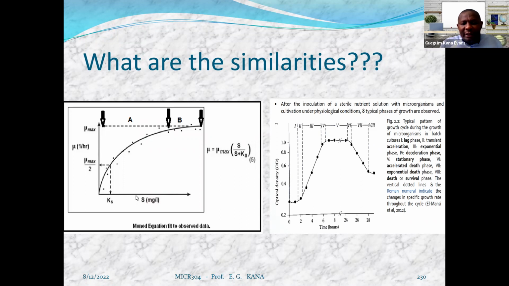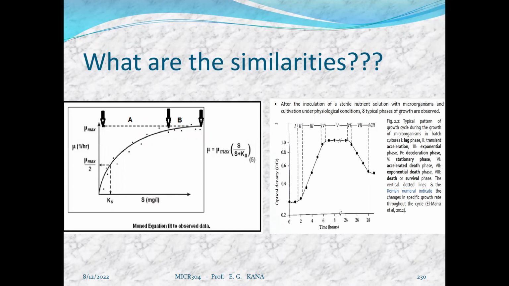The idea here is if you compare that on this axis, I'm referring to the x-axis, we have substrate concentration. And by definition, the deceleration phase is a phase whereby cells are facing nutrient depletion. That is, they are running out of nutrients, and the growth rate is not maximal.